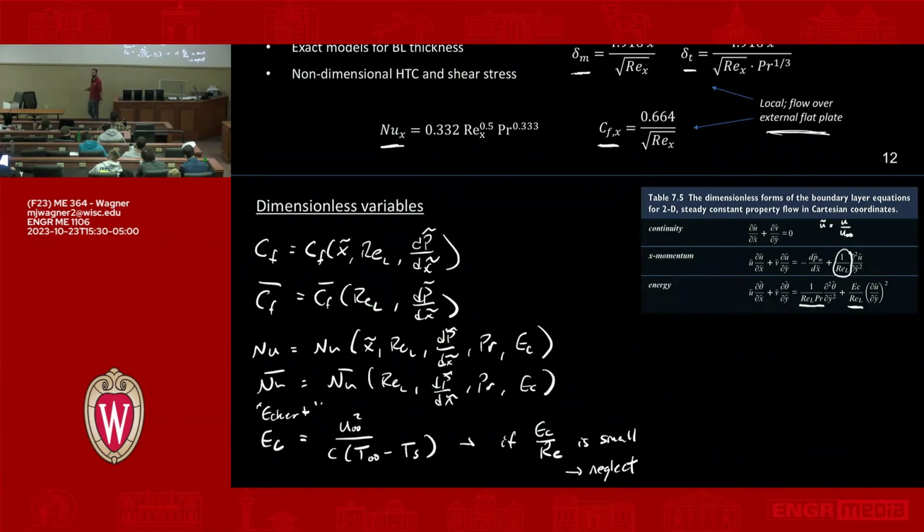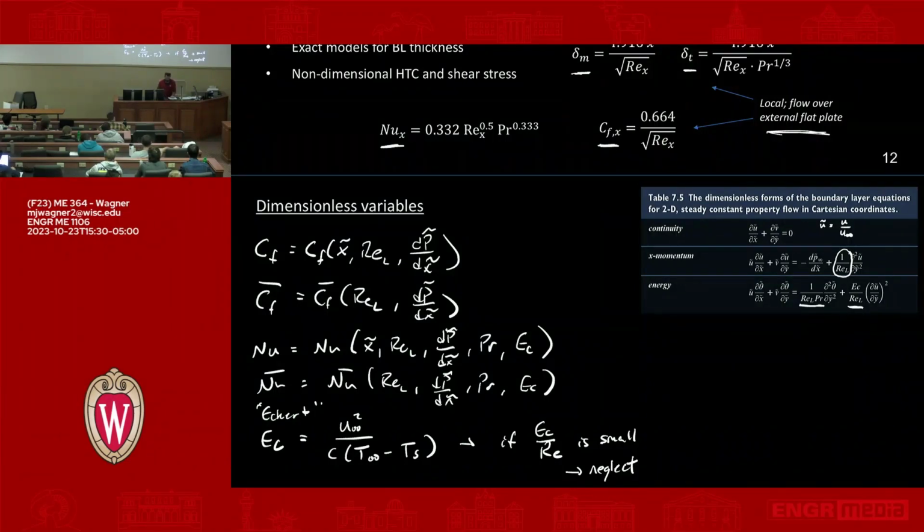That friction can generate heat. In most situations, that's probably not important, right? The shearing heat generation is probably not important, but in some it might be. So if Eckert over Reynolds is small, then we can neglect viscous dissipation, right? And that's great. Then it simplifies our correlations. We don't have to account for it, right? That's all I'm trying to say there.